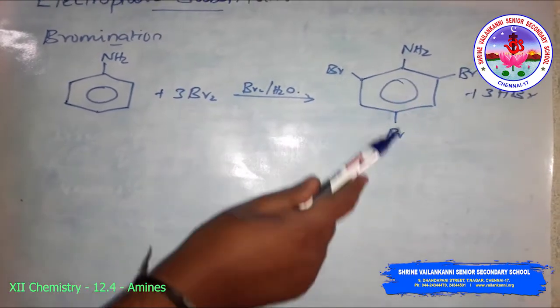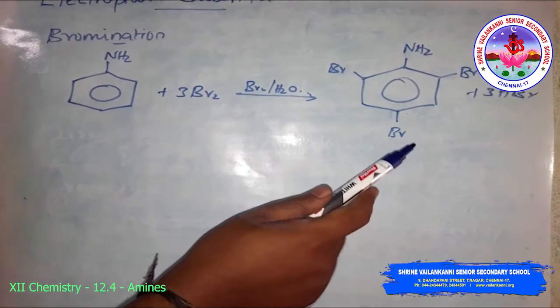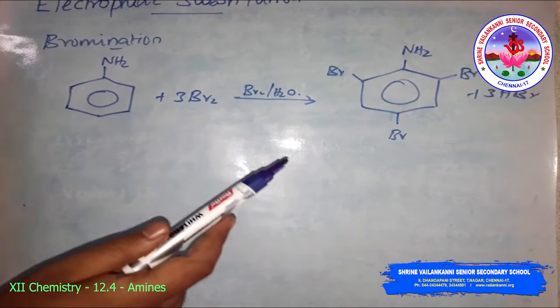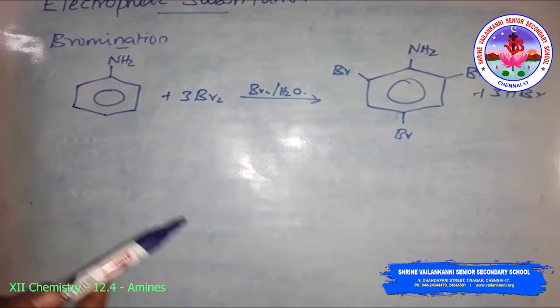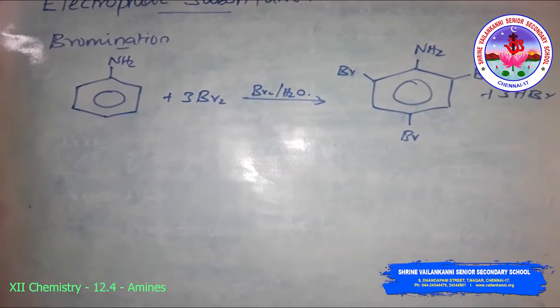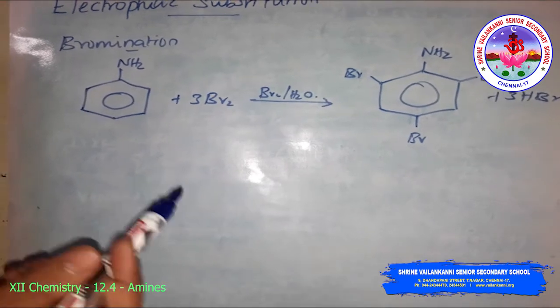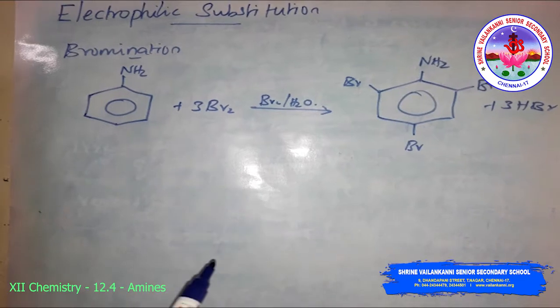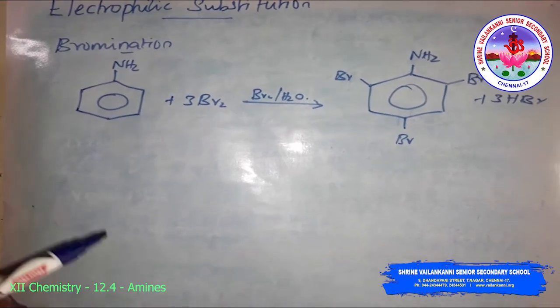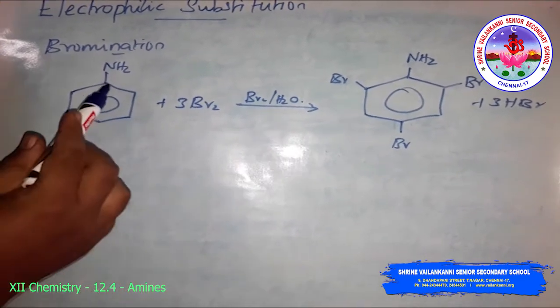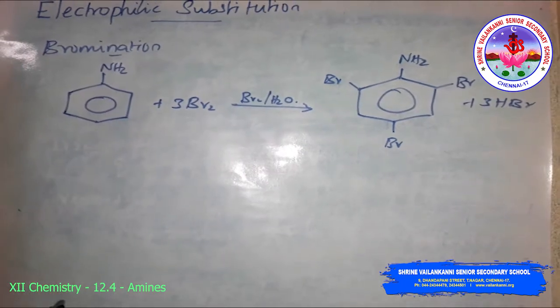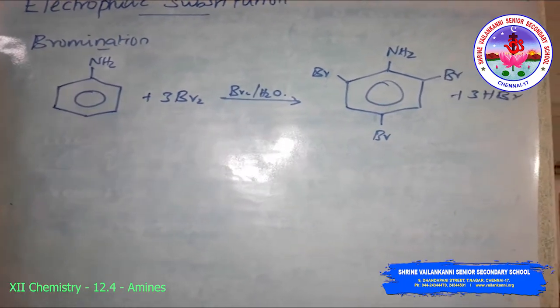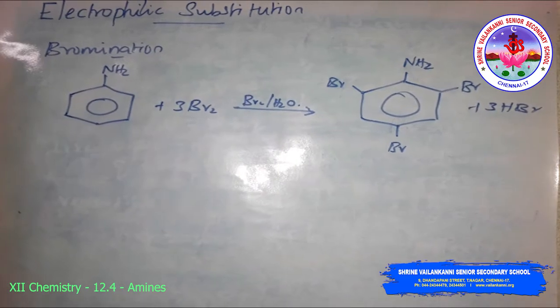If you want to prepare a mono-substituted aniline derivative, how can the activating effect of the NH2 group be controlled? This can be done by protecting the NH2 group by acetylation with acetic anhydride, then carrying out the desired substitution, followed by hydrolysis of the substituted amide to the substituted amine.